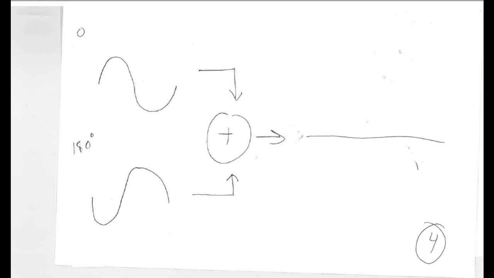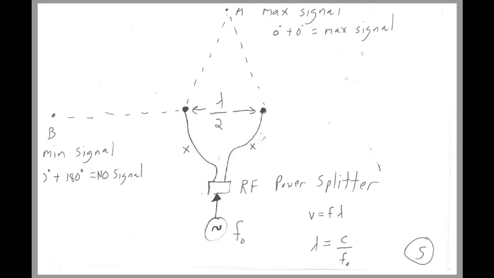All right. So knowing what I just talked about, let's get into our example. So here we have essentially a bird's eye view of a two antenna setup. So we are looking down at these two antennas.